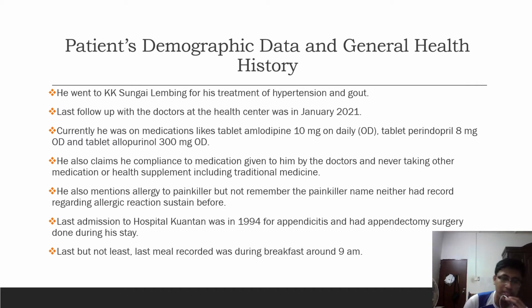He also mentioned he is allergic to painkillers but does not remember the painkiller name, nor does he have a record regarding the allergic reaction sustained before.